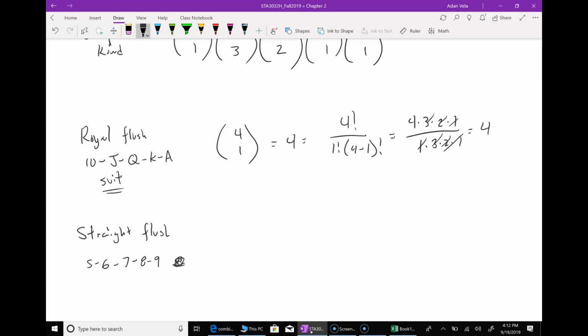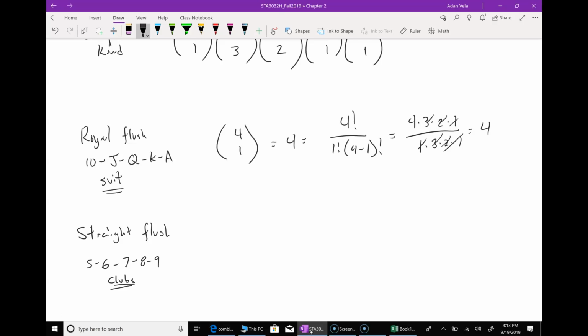I can't draw a club at all, so I'll just say clubs. Here we can pick the suit and pick the starting number. Do we start at 5? Do we start at 2? Do we start at 9? There's only one number that we can't start at, which is 10, because if we started at 10, we'd have a royal flush.